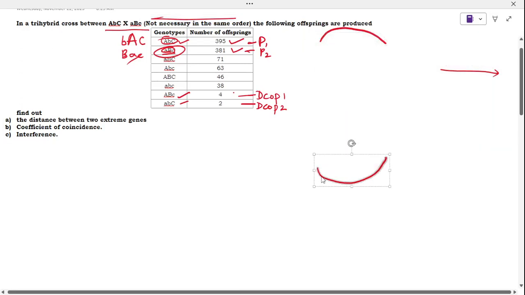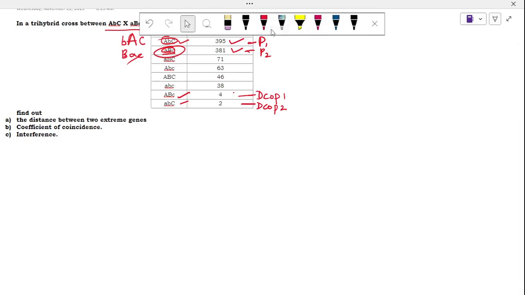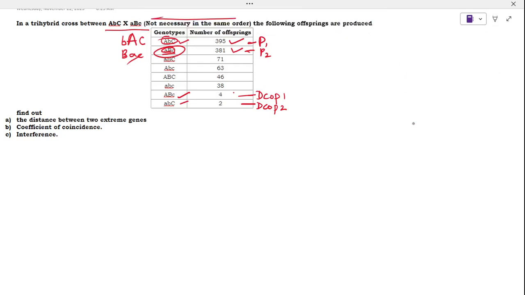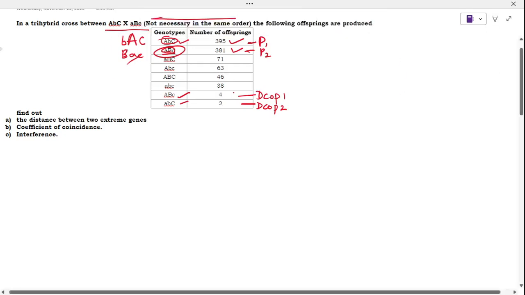As quickly as possible, we already found the extreme genes, and we'll go on to calculate the distance between them. We already know the pattern of arrangement of the parental genes on the chromosome.